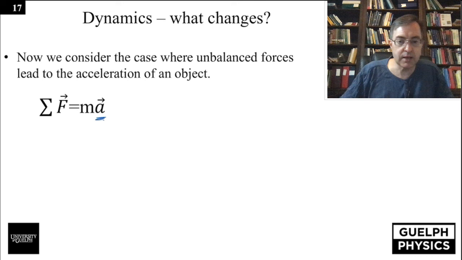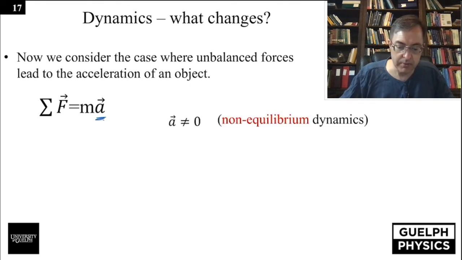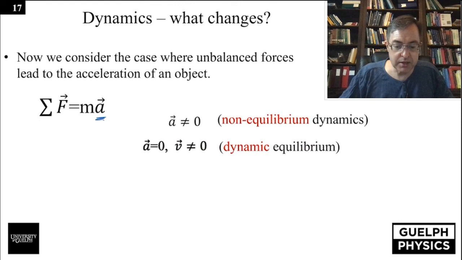So in this case our force balance equation is to calculate the net force, and then from that use sum of F equals ma to calculate the acceleration. So if the acceleration is non-zero, we're in a situation of what I call non-equilibrium dynamics. If the acceleration is zero, but the velocity is not zero, we're in something called dynamic equilibrium. Okay, so those are the two cases.